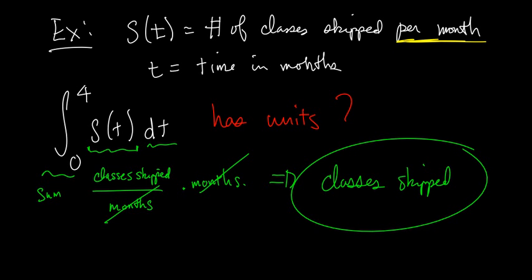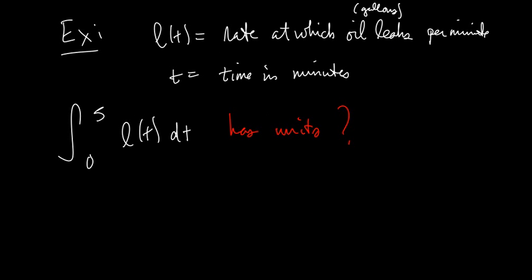So one more example. This one's a little more fancy. So let's say L of t is the rate at which oil leaks in gallons per minute. Okay, so here's gallons here. And it's a rate again, it's happening per minute, and t represents time in minutes. So what are the units of this integral?